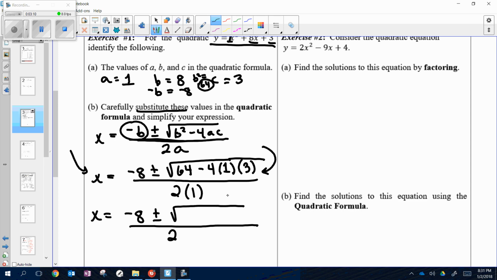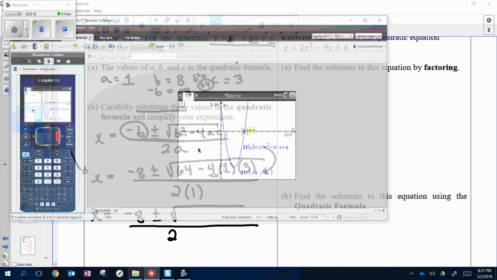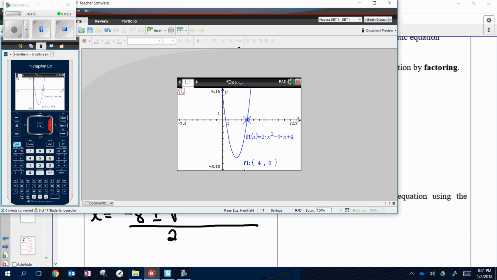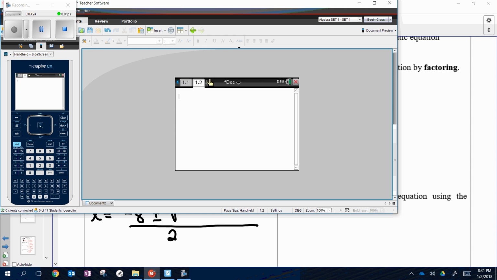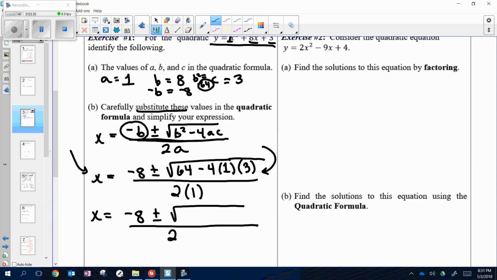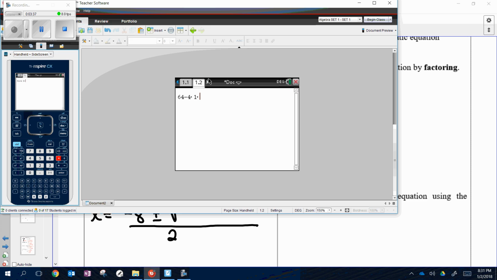Underneath the square root, you could go to your calculator and hit 64 minus 4 times 1 times 3. That's what I recommend you do. Control, add a page, add a calculator. 64 minus 4 times 1 times 3.